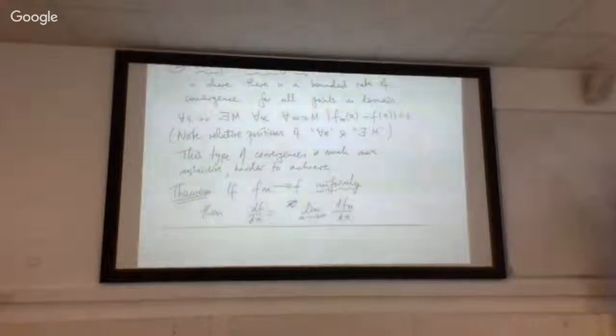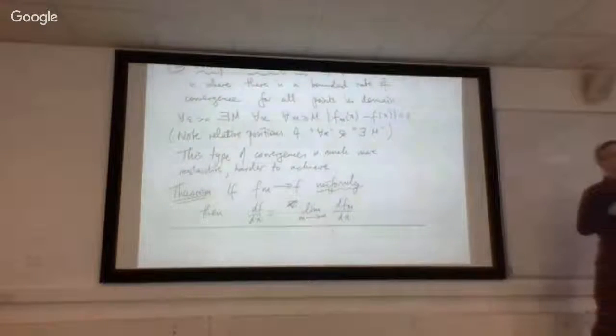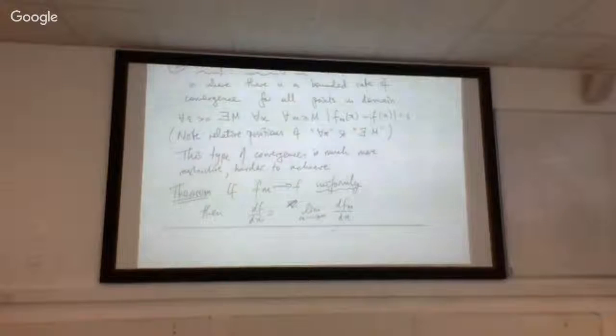So, knowing about these different types of convergence, knowing that when we do have this better type of convergence, uniform convergence, we are allowed to differentiate term by term, this brings us to this result called Parseval's theorem.